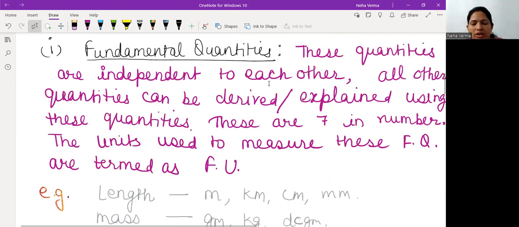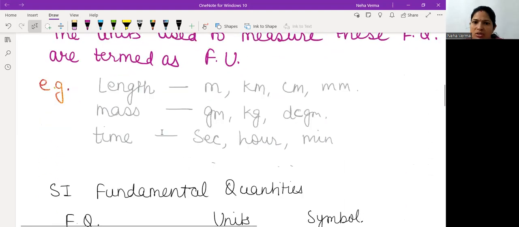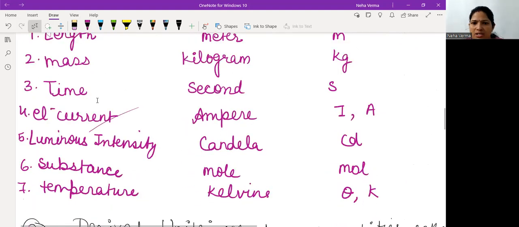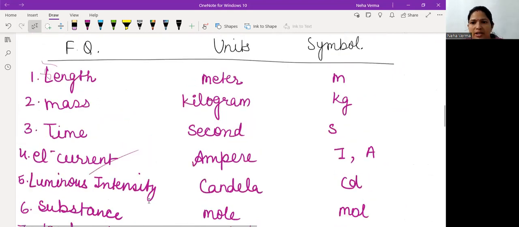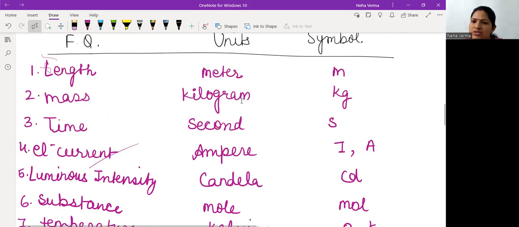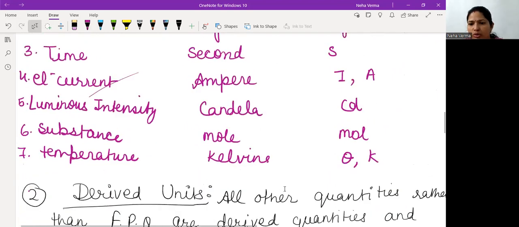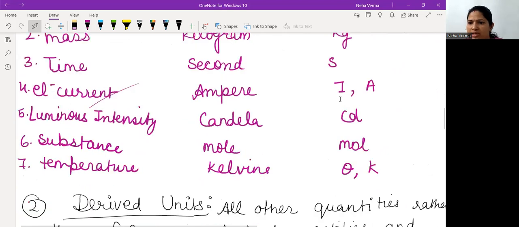Fundamental quantities are independent of each other, none can be explained in terms of another, and all other quantities can be derived from them. According to the SI system, these are 7 in number: length, mass, time, electric current, luminous intensity, amount of substance, and temperature. The units are meter, kilogram, second, ampere, candela, mole, and kelvin, and their symbols are these.